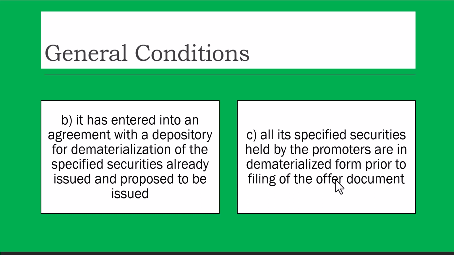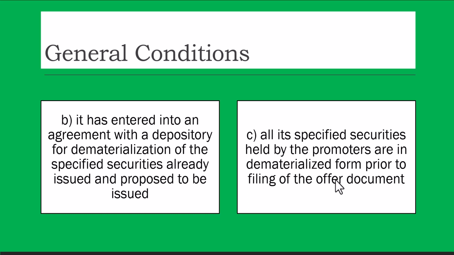All its specified securities held by the promoters are in dematerialized form prior to filing of the offer document. So even the promoters who are holding shares should not hold them in script form or paper form. Their shares should also be dematerialized. Of course, all the companies and the promoters now hold shares in demat form.